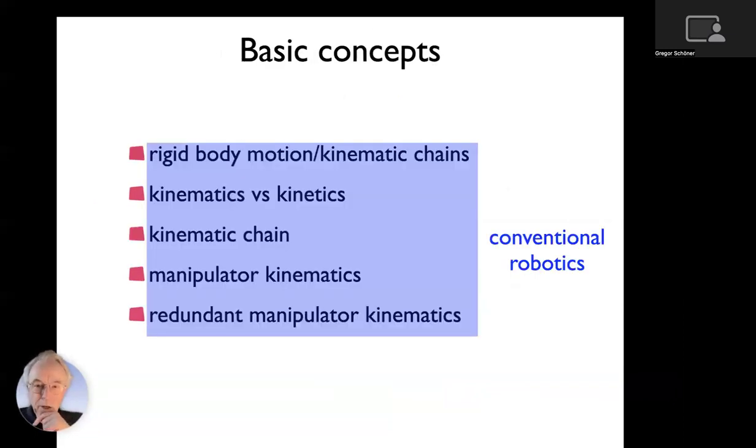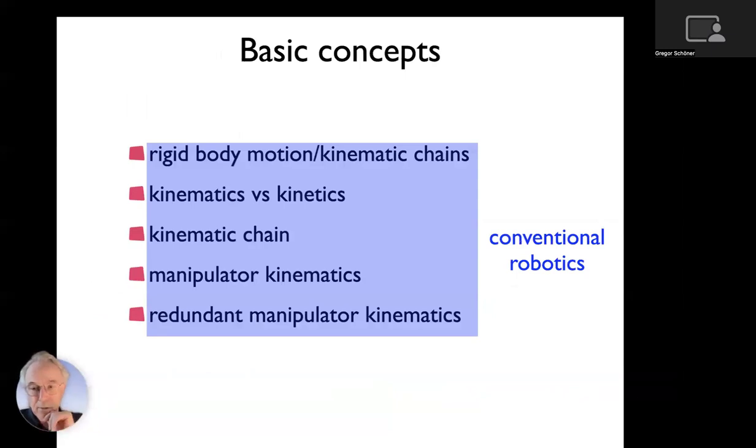So the basic concepts I want to really explain in a tutorial fashion today are really basic. They are textbook concepts that apply to autonomous robot arms just as much as to conventional industry robot arms.